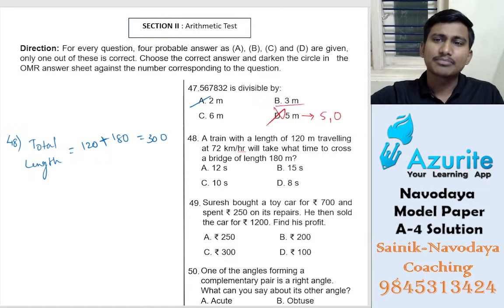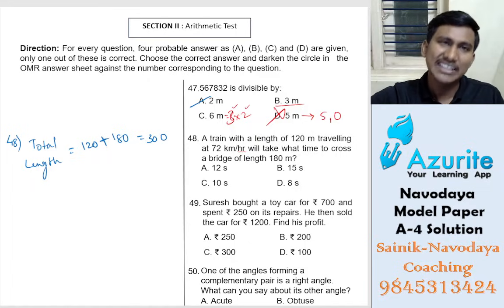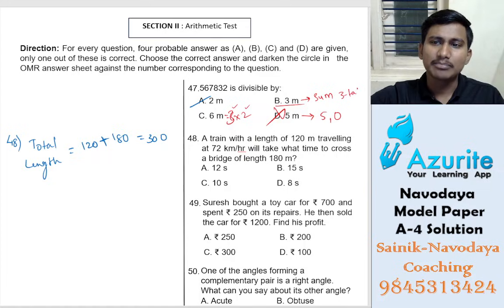Now B is there. Here 6 means we know 3 twos are 6. So it should be divisible by 3 and 2 both. Let us check with 3 now. 3 divisibility is that the sum of digits should be in the 3 table. If you add, 6 is in the 3 table only, 3 is in the 3 table only, so don't take them. You add the remaining, or if you want, you can add all.